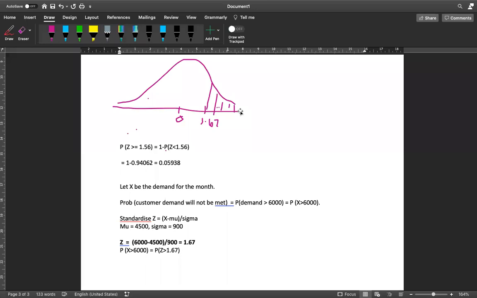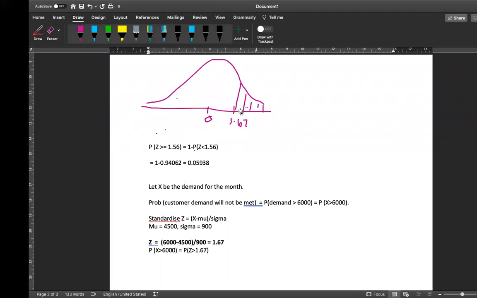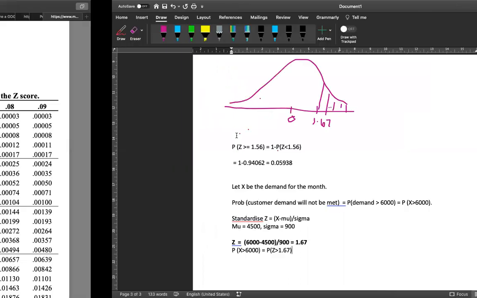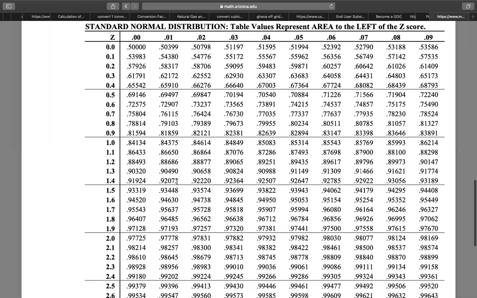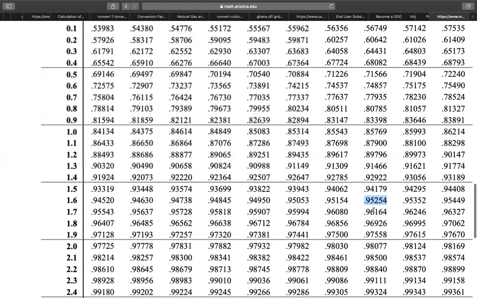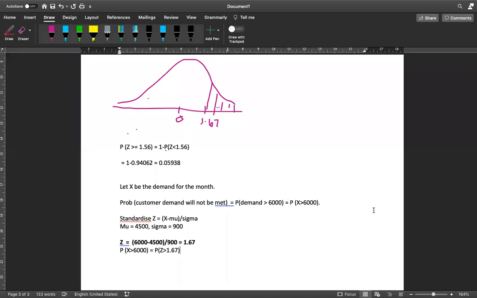We first take 1.6, and then 0.07. That's 0.95254. Then is that the final answer?